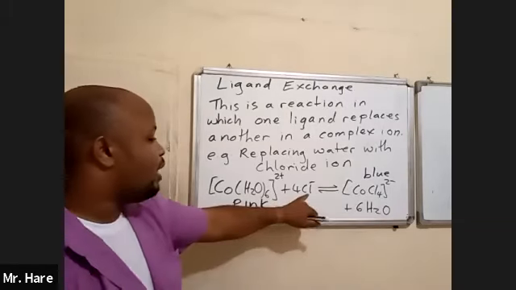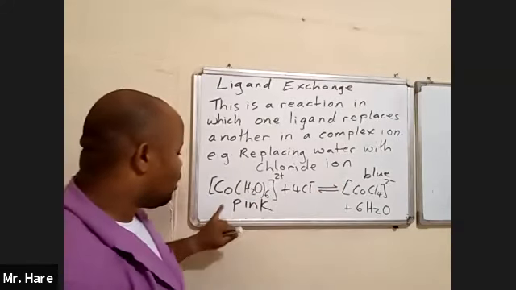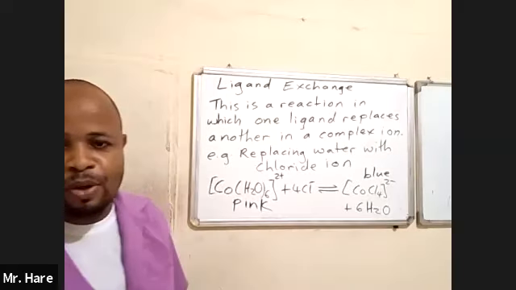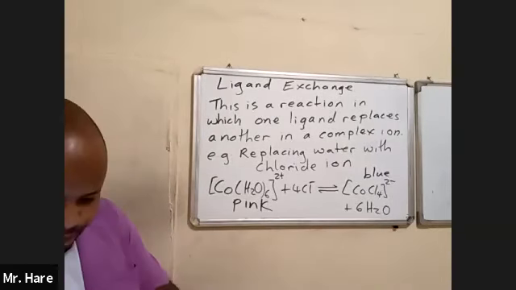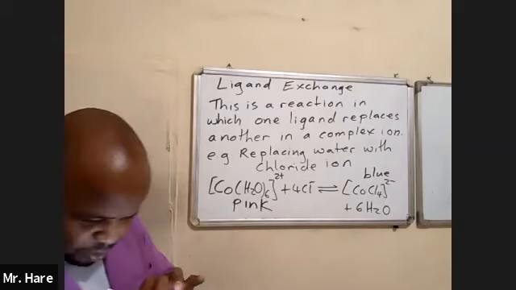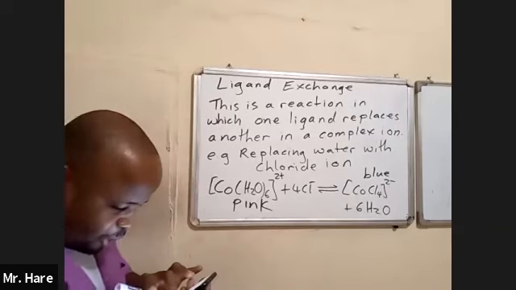For the chloride one, if it's copper, it would be copper and the chloride ion, so we just need to look at the color. With copper and chloride, it would give you a green color.